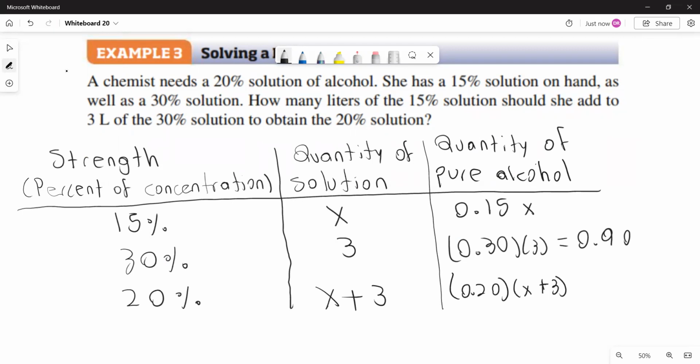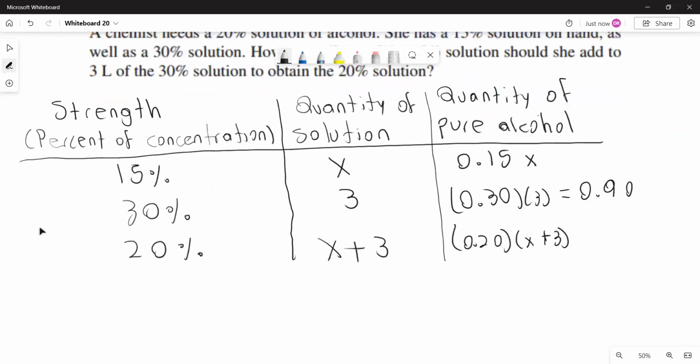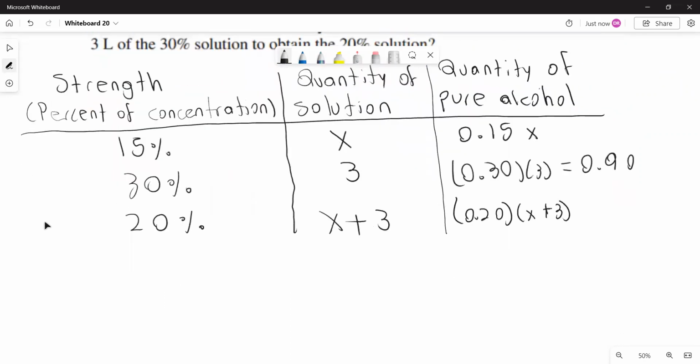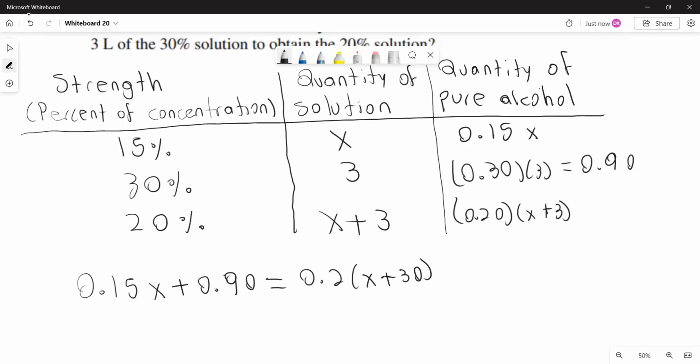So we are mixing the 15% solution, adding it to the 30% solution, and that's going to be 0.2 times X plus 3. We are going to solve this for X.